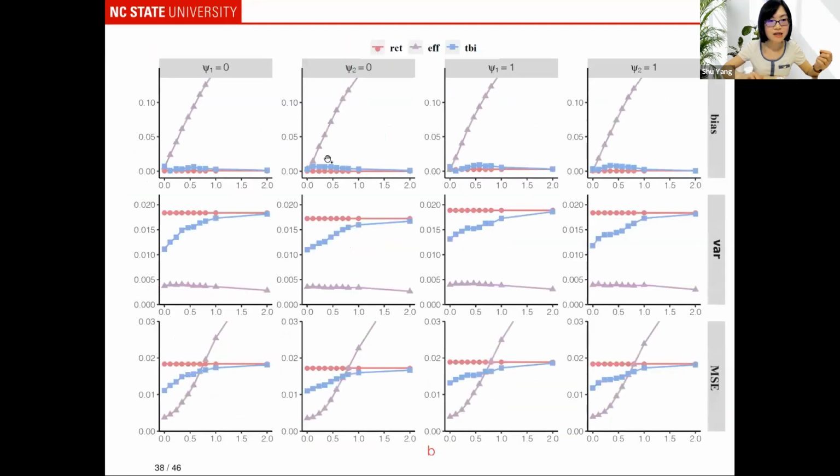And in fact, the efficient estimator cannot control the bias well, and our TBI estimator can control the bias very well. And if the violation is small, our TBI estimator actually gains efficiency over the RCT estimator.